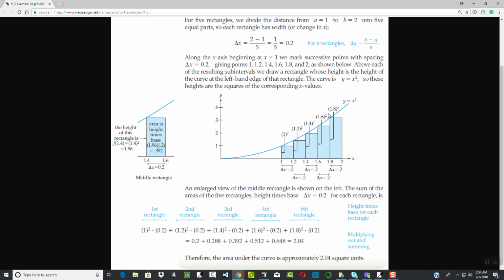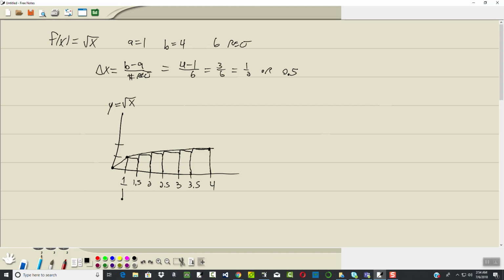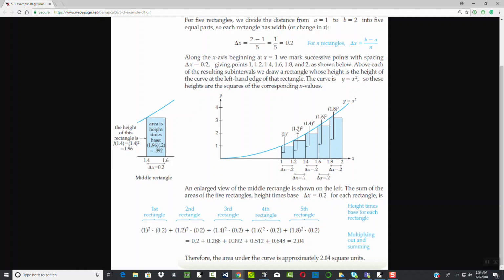So in our case, this one would be square root of 1, or 1. This one would be square root of 1.5. This one would be square root of 2, square root of 2.5, square root of 3, square root of 3.5, square root of 4, which is equal to 2. Now that's these values right here. And that corresponds to our height.